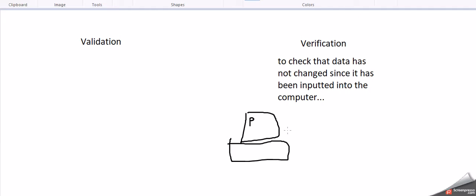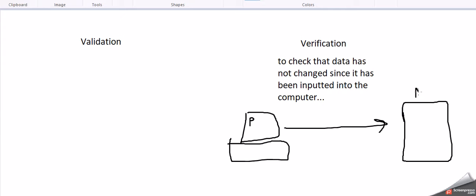So I'm typing P for password. I send it to Netflix to register. What could happen is that data could get lost or corrupted on its journey when it travels. So instead of my password being 123, it'll just be 2 and 3. That's a problem because I wouldn't know that it's been changed.